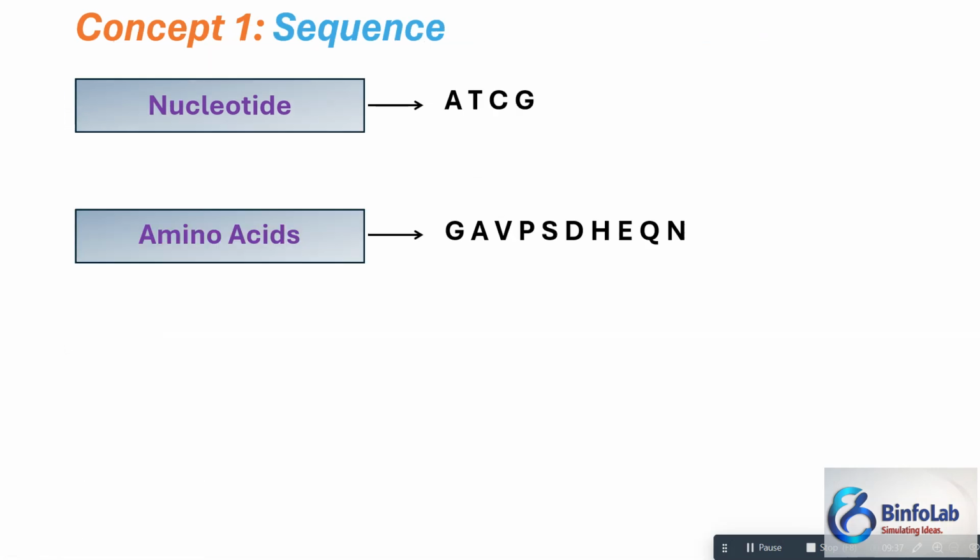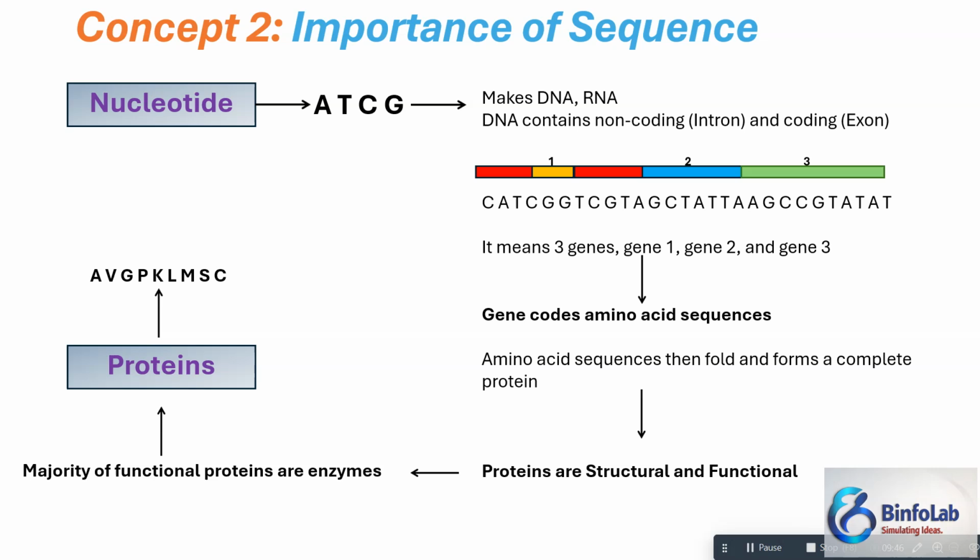So technically this sequence codes this one. Now, a gene codes an amino acid sequence. So it means that for these three genes, theoretically, we will have three products: the product of gene 1, the product of gene 2, and the product of gene 3.